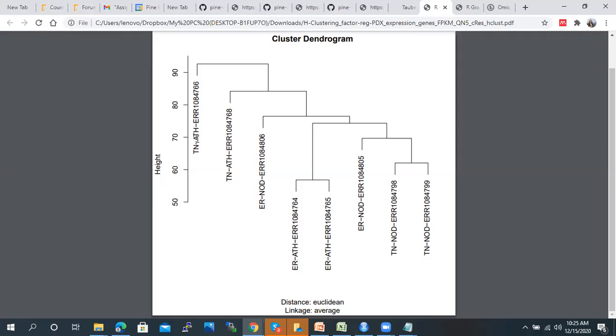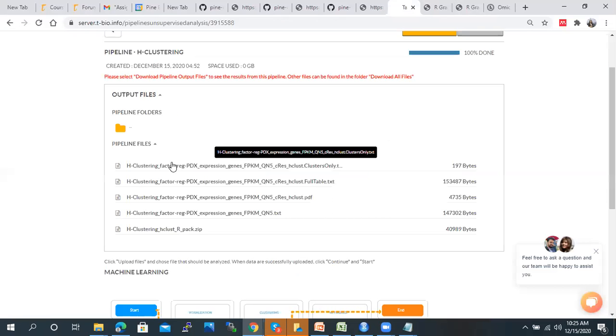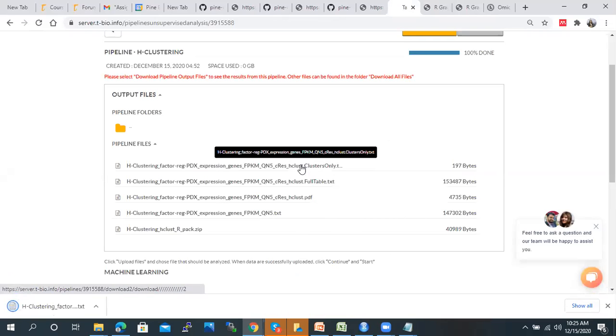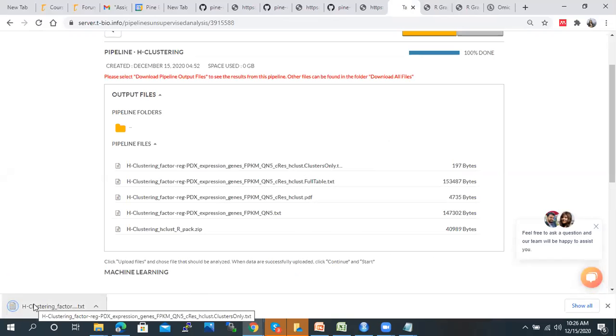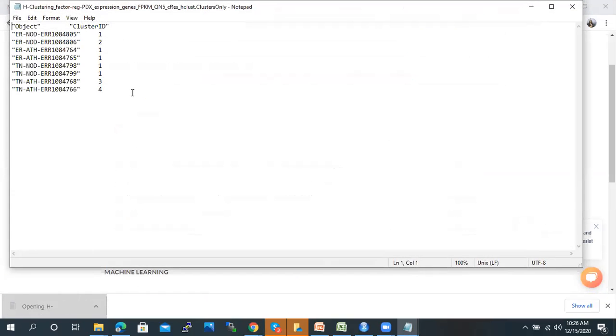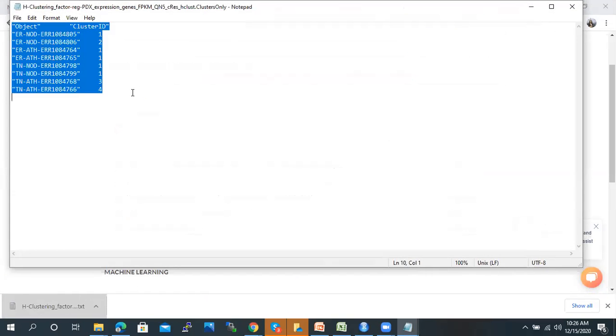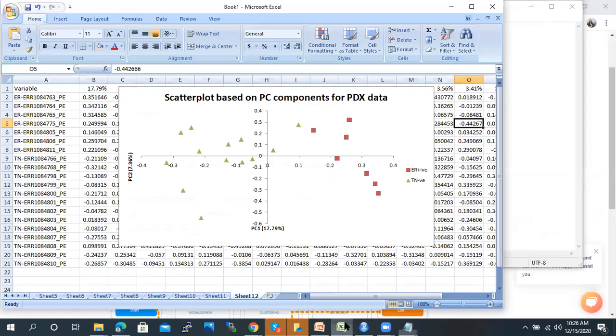Any one of you able to obtain this output? Besides this cluster dendrogram, we have these two cluster tables. So let's download what we have here. Let me just paste it in Excel.